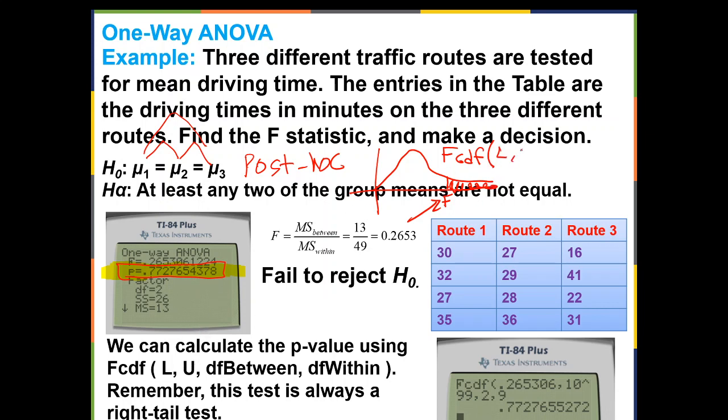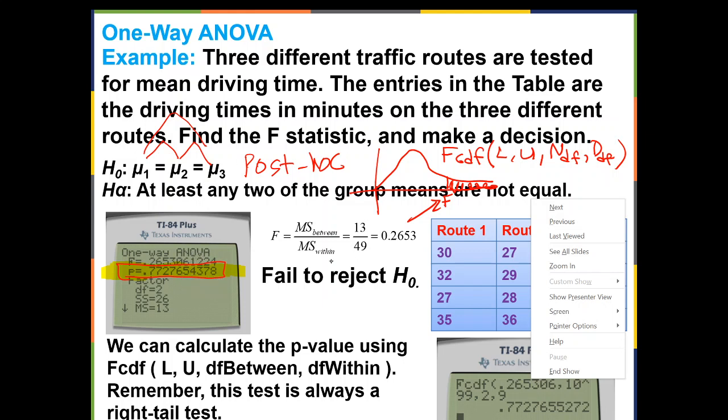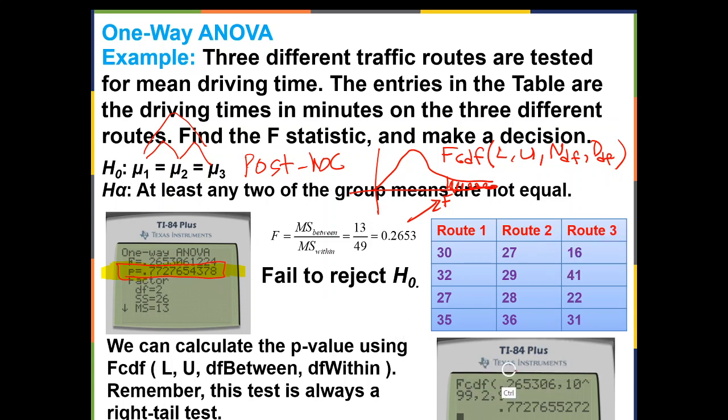We put lower, comma, upper, comma, numerator's degrees of freedom, comma, denominator's degrees of freedom. The calculator finds this area for you, which is the same as from the one-way ANOVA that gives you P. Based on that F, if you want to do it by hand using those formulas, you can calculate the p-value yourself.